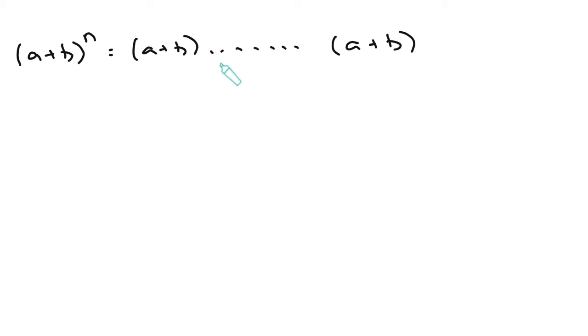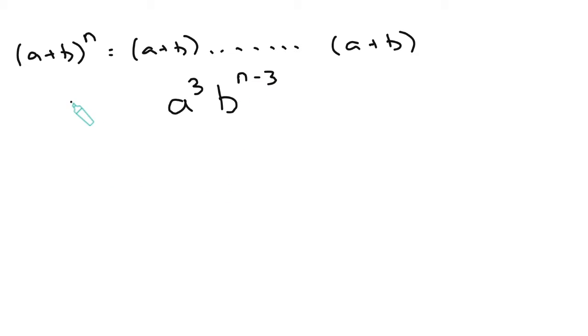So whatever we take out of each of these brackets, and in whatever order, if we've got, say, a cubed, we've taken 3 of those brackets to give us an a, which means the other lot of brackets must have given us the b, so that would be to the rest of them. So in this case it would be n minus 3.